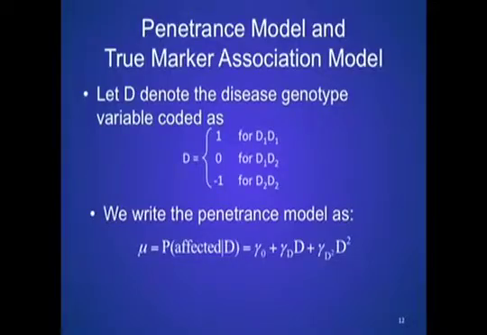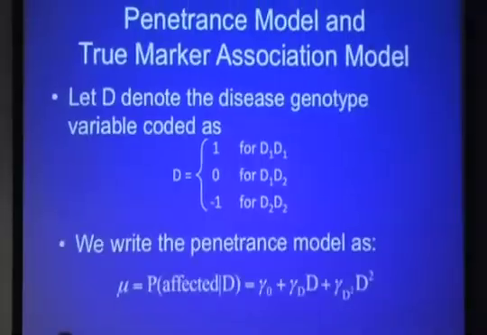Now, this is where it gets rather interesting. Penetrance model and true marker association model. We have one, the model that we use for analyzing the data. The other, what's really going on. So now, we've talked about our two markers, now we're going to have a disease genotype. And it's been encoded this way.